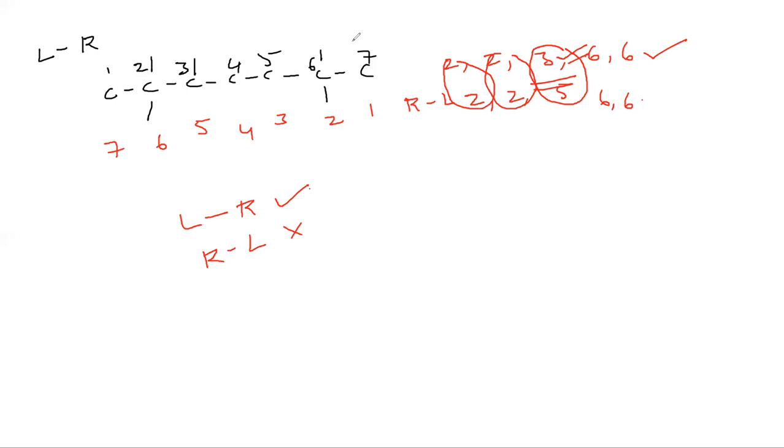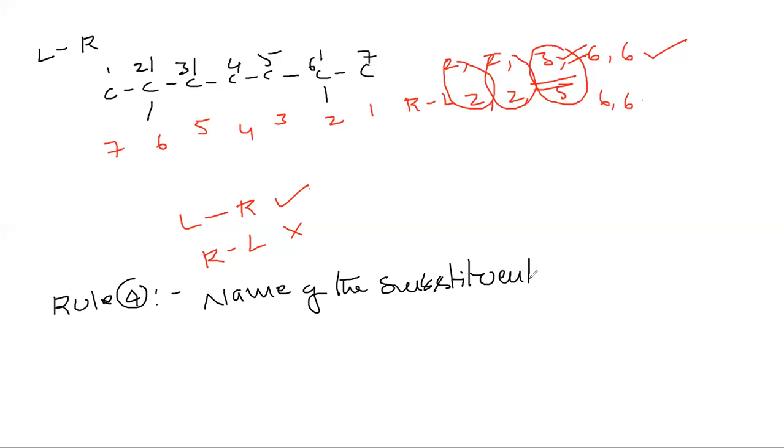I'm going to discuss rule number 4. According to rule number 4, the name of the substituent is always written as a secondary prefix.